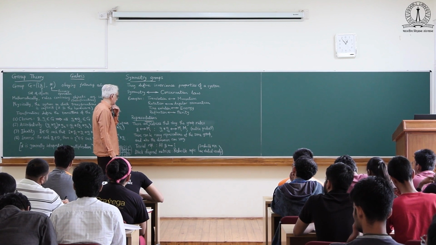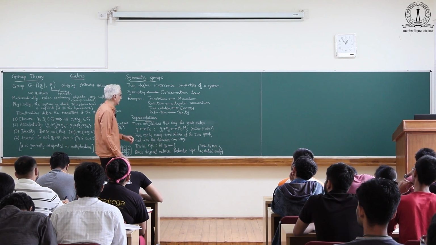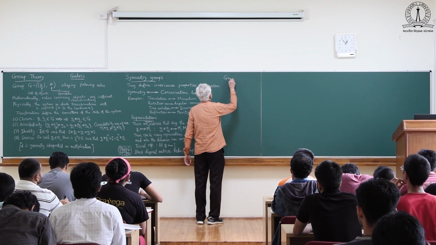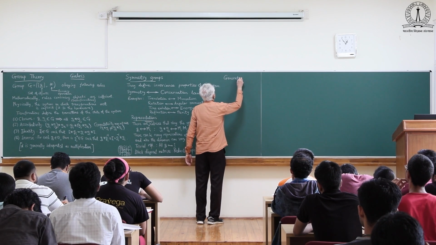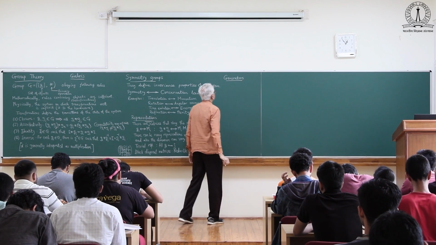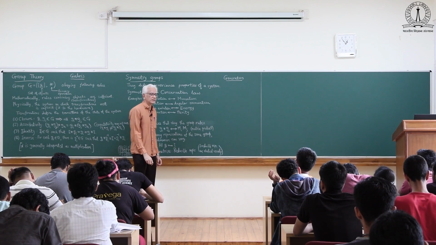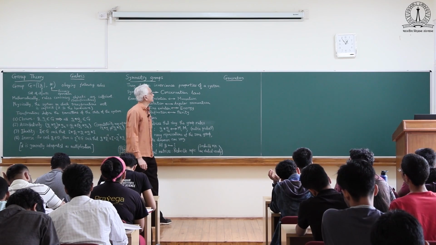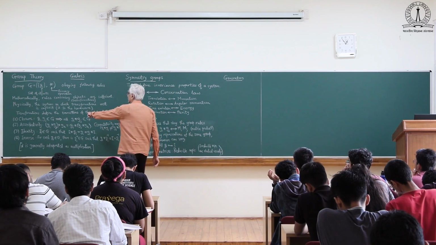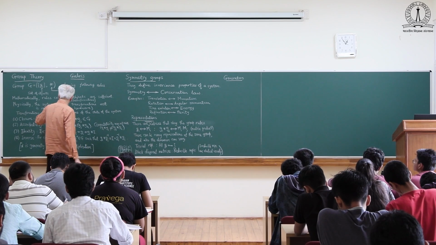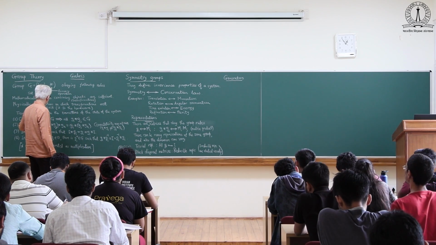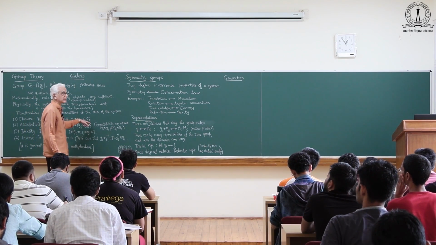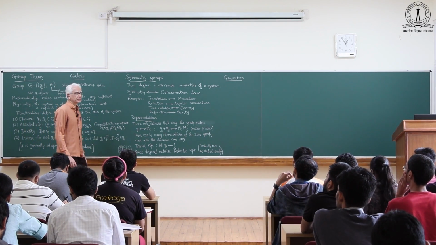Now, one more concept which is useful is the so-called generators of a group. This follows from the constraint of closure, that if I have certain elements and I combine them, I will still get some element of the group.